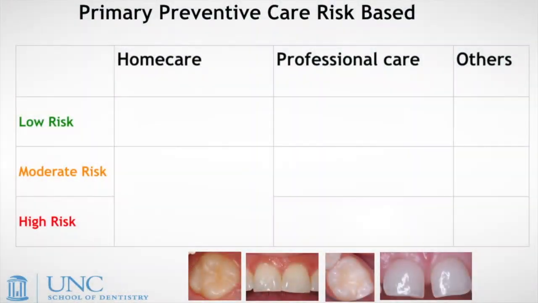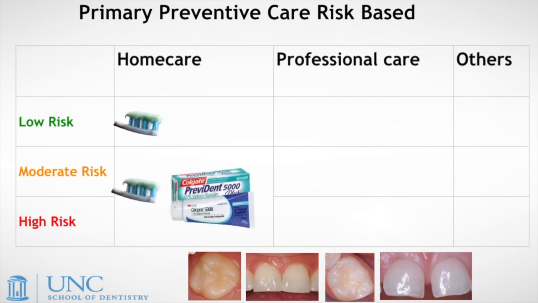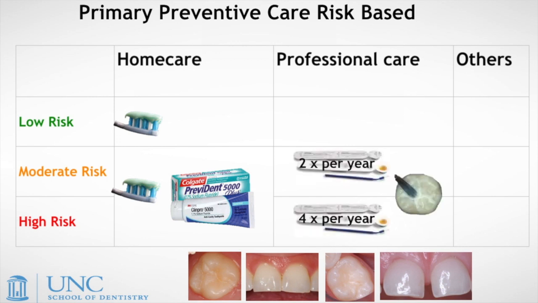So if you have a sound surface, we would look at low risk fluoride, for moderate risk fluoride at higher levels, professional care, increasing the use of fluoride varnish and increasing use of sealants. So hopefully this is getting more interest.